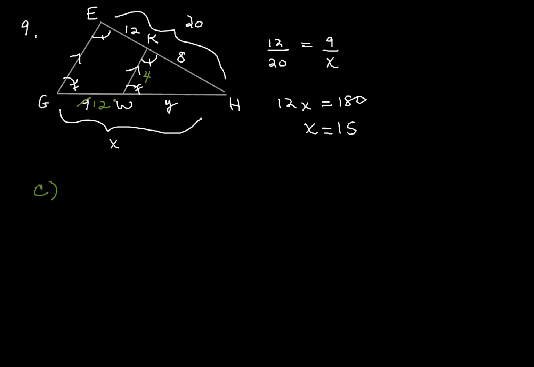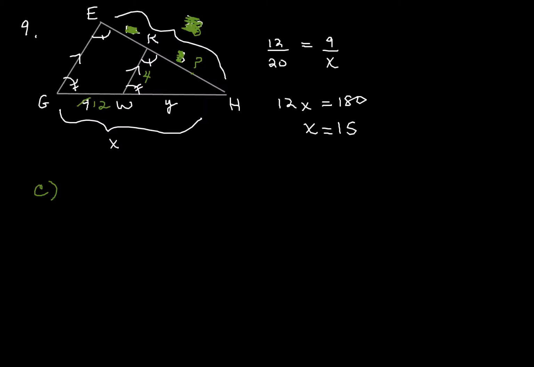And we have HE is 28. All right, we have all kinds of different sides here. HE is 28. We have to find KH. KH is the one we have to find. So hopefully it's not too confusing with all these scribbles. All right, so this one here is 28.